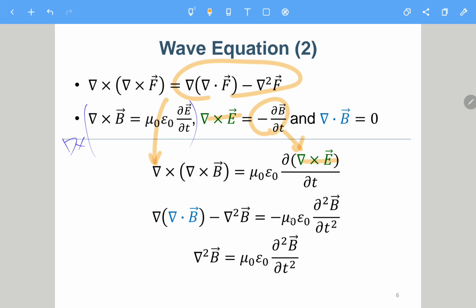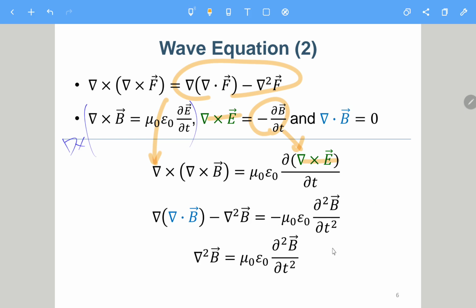So here we have a negative sign. This is mu naught epsilon naught put here, and then we still have this partial B partial t put into here. So we altogether have the second derivative with respect to time. So the right side looks like this.